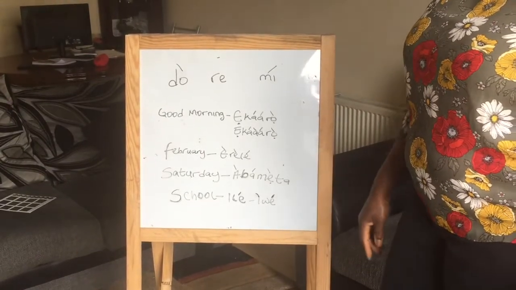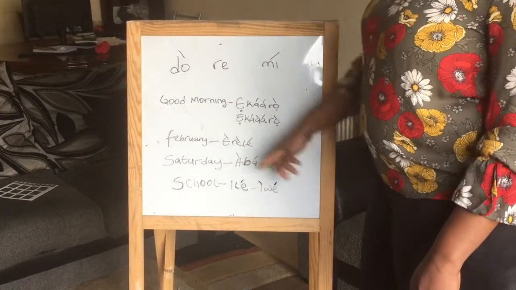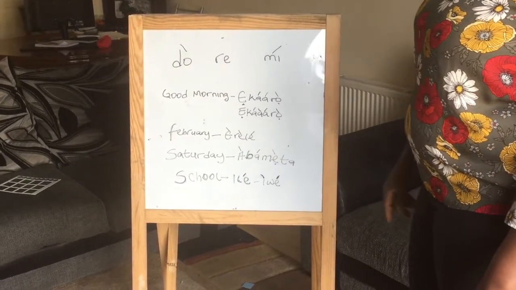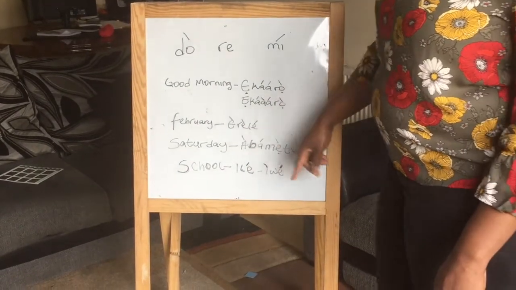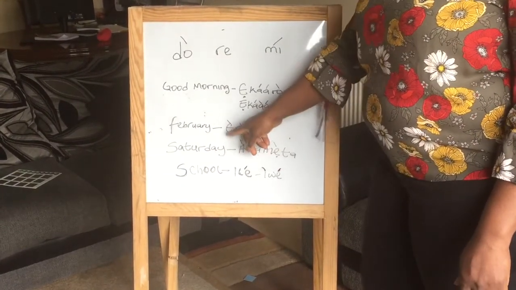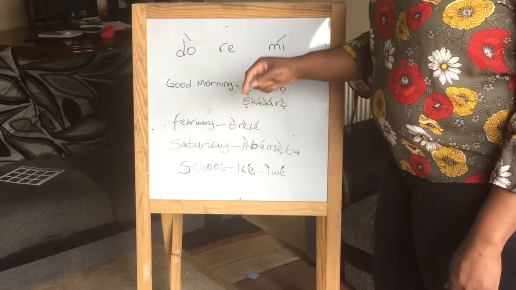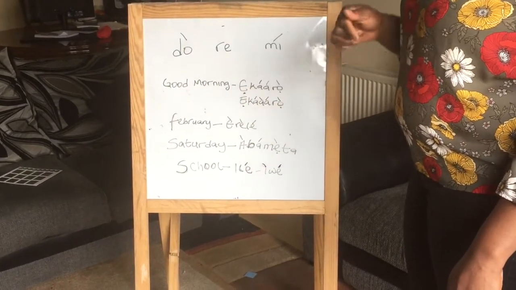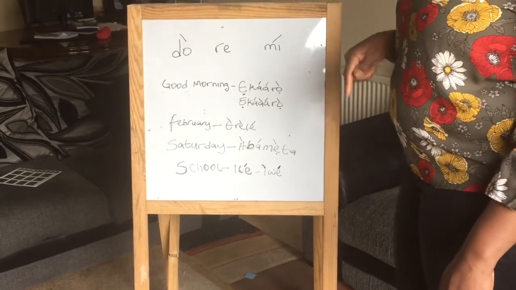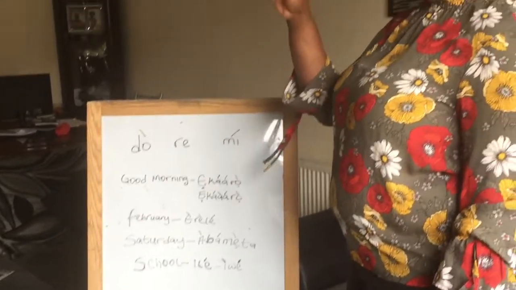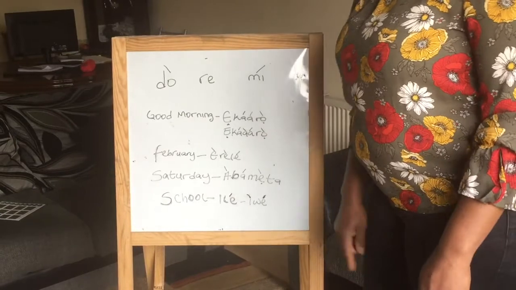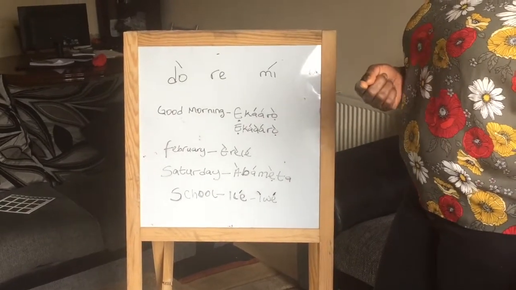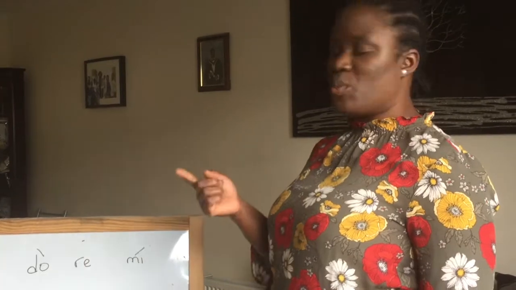Ro. And February, we learned the months of the year last week. February is erele, do mi, erele. That's 3 syllables now. Erele, do mi. A is the lower pitch, re is the lower pitch, le is the upper pitch. So do mi. Let's look at Saturday. We did the days of the week 2 weeks ago.